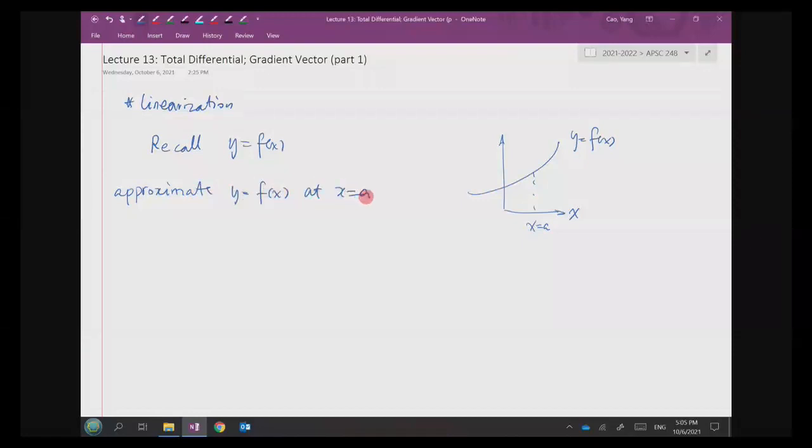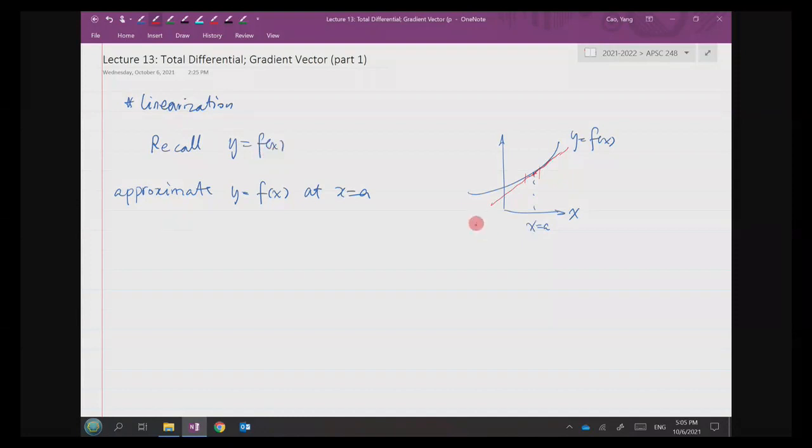That's a simple question. And we learned in first year that to approximate this function at x equal to 2, we can use a straight line. We create a tangent line at that location, and anywhere around x equal to 2, using a line, we'll be able to approximate y equal to f of x.